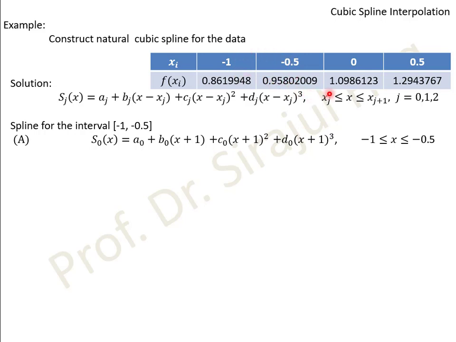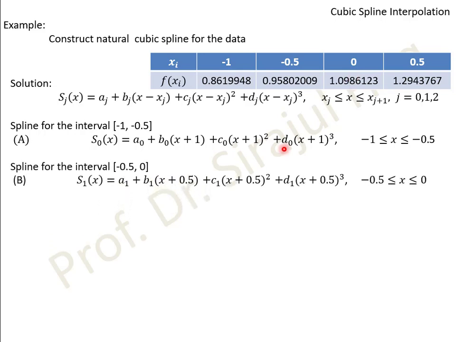Now let's define the spline between minus 5 and 0.5. The spline is defined by the value of xj, that will be x1 in this case, which is minus 5. So x minus minus 5 is x plus 5, this is x plus 5 square, this is x plus 5 whole cube. And the value of j is equal to 1.